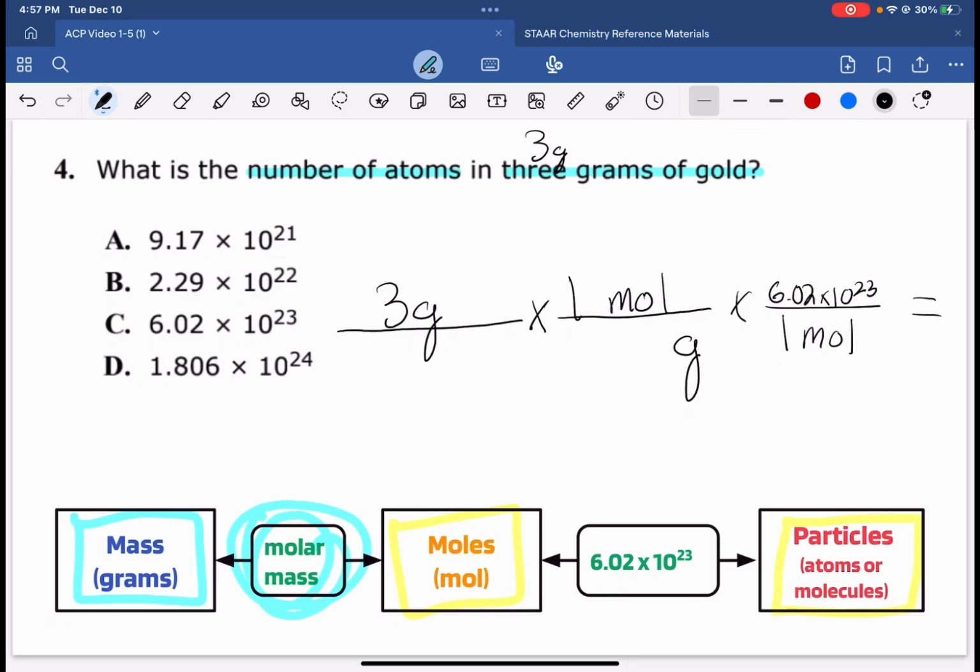Okay, that is the number that we take and we write right here. So 197. If you plug all of this into your calculator, 3 times 1 over 197 times 6.02 times 10 to the 23rd over 1 mole, you would get 9.17 times 10 to the 21.